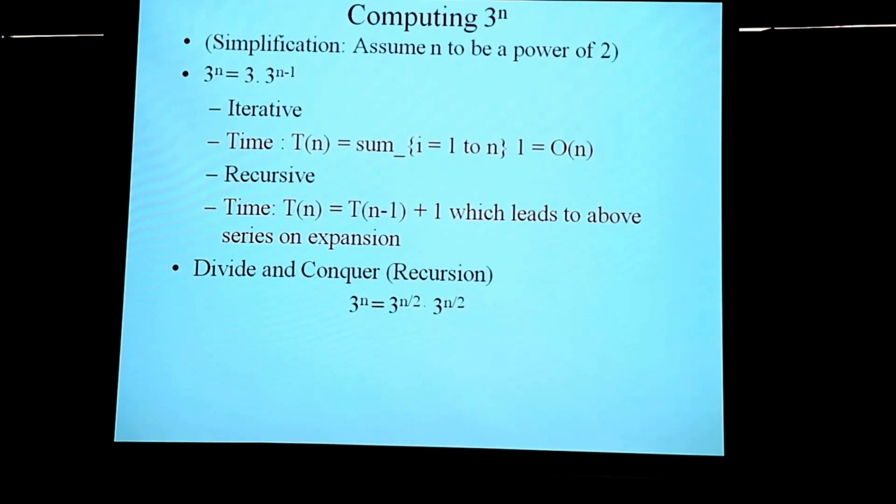We are not dividing it into one problem of size one and the other problem of size n minus 1. You are only reducing the problem size. From that point of view, every iterative algorithm would reduce to divide and conquer.